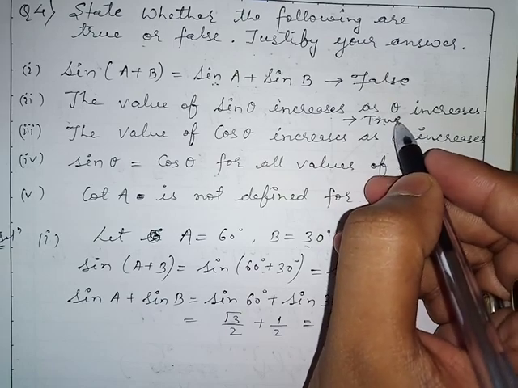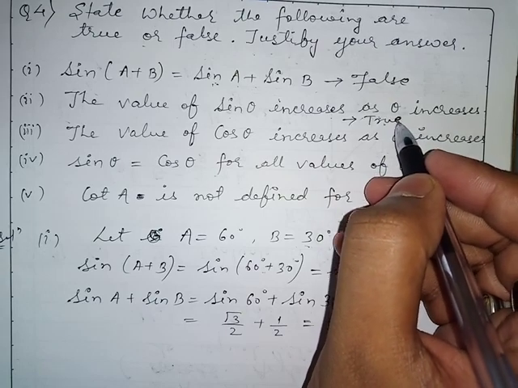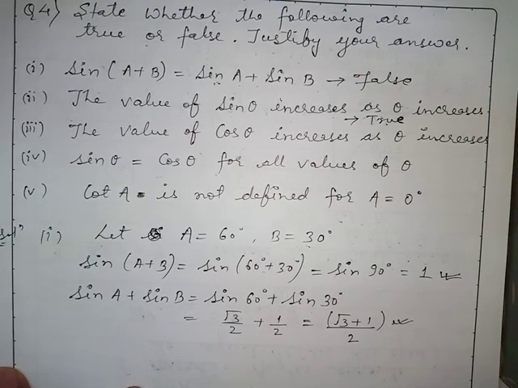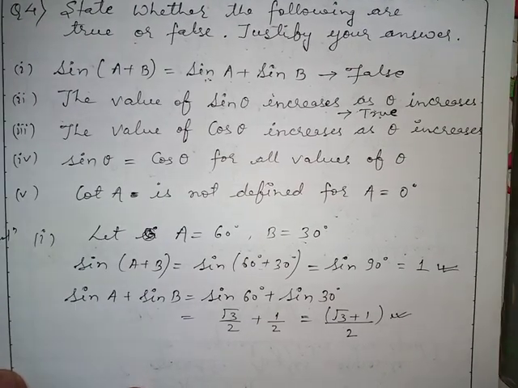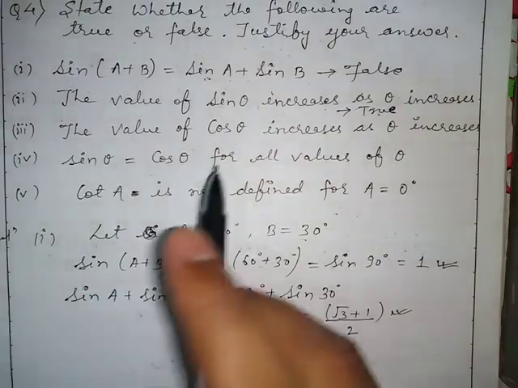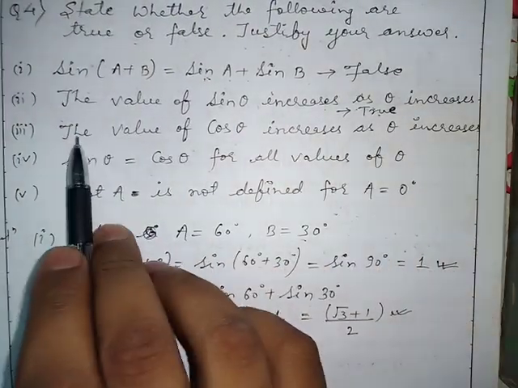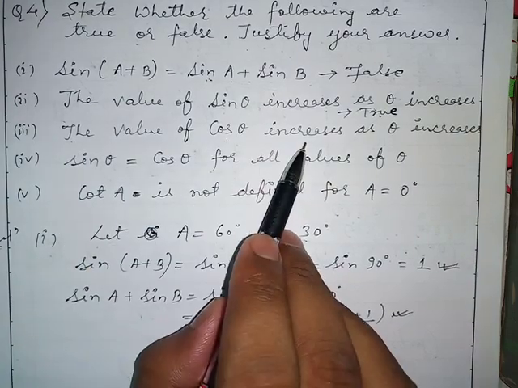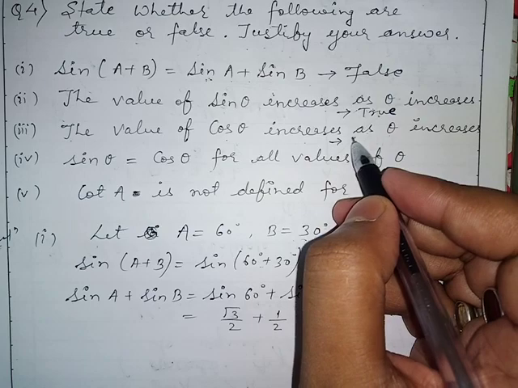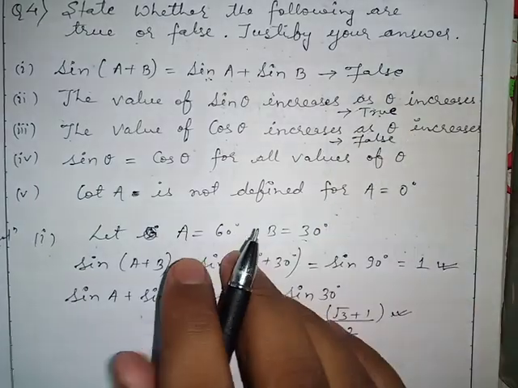If you see the trigonometric ratios of some specific angles, the value of sine theta increases as theta increases. I will show you right now. Similarly, the value of cos theta increases as theta increases. This is false. How is this false?